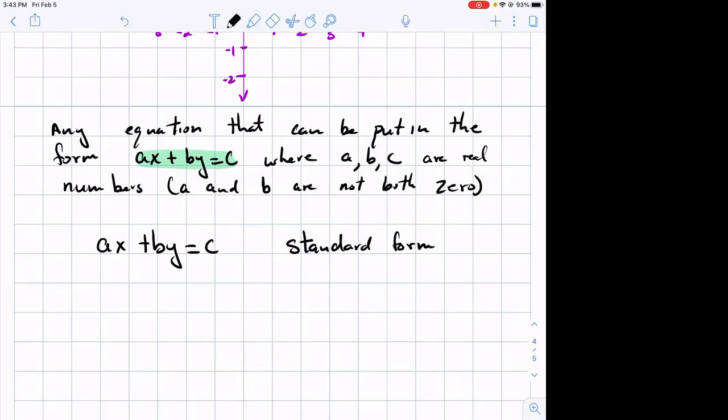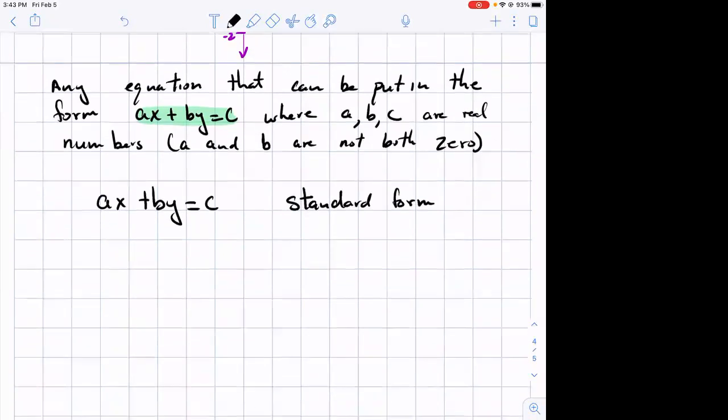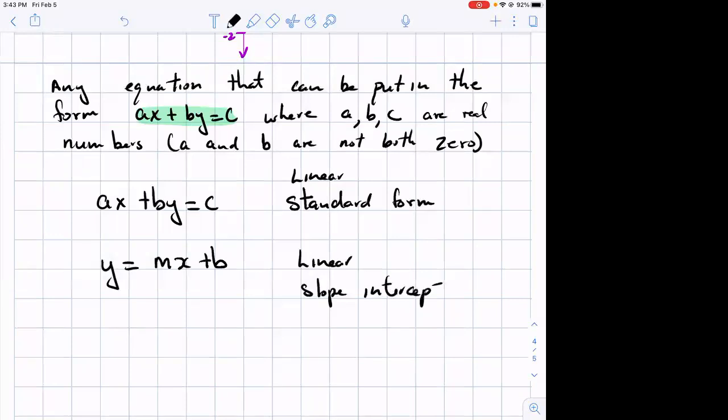But most of you have seen this one, y equals mx plus b, is also linear. It's also linear, but it's written in what we call slope intercept form. Yeah, slope intercept form.